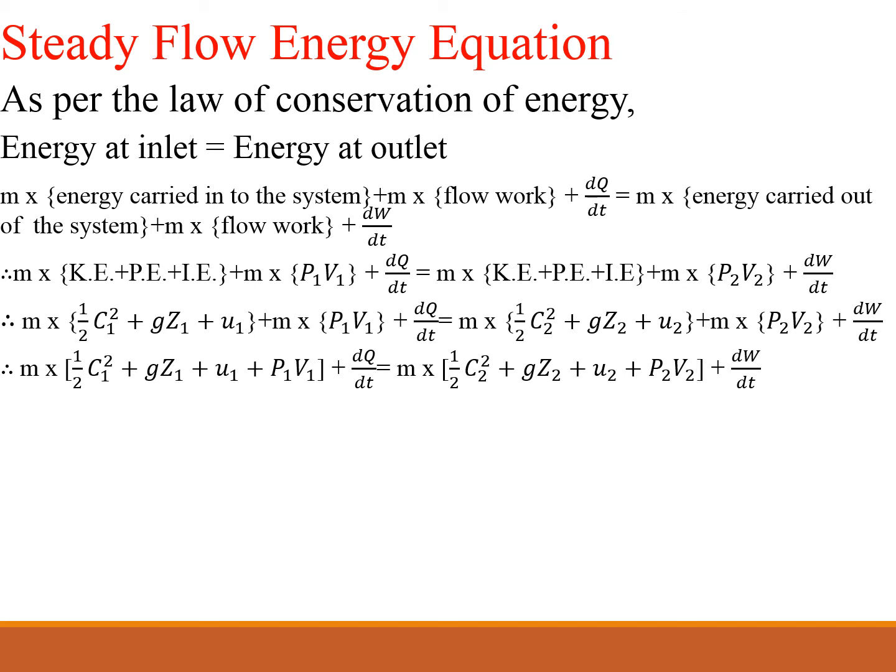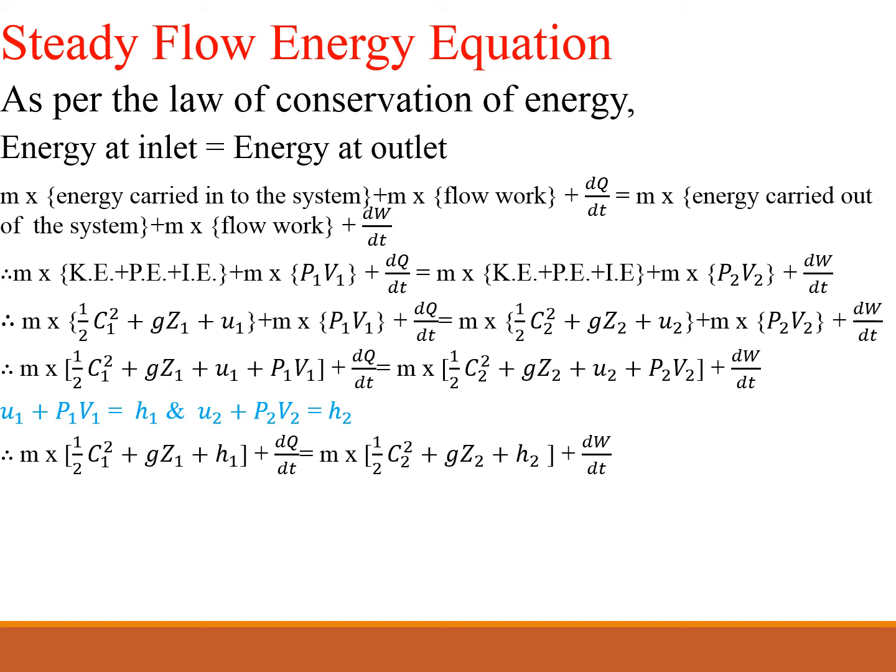Specific enthalpy of the system is the sum of internal energy and flow work. So U1 plus P1 V1 is equal to H1 and U2 plus P2 V2 is equal to H2. We put the values of H1 and H2 in the equation. So the next equation is m into half C1 square plus gZ1 plus H1 plus heat energy is equal to m into half C2 square plus gZ2 plus H2 plus work done.